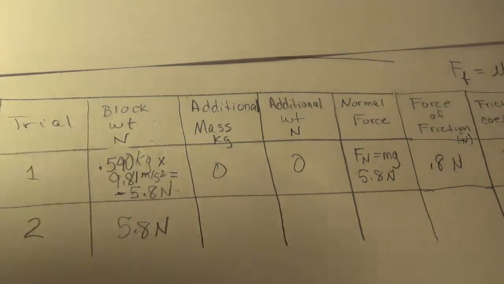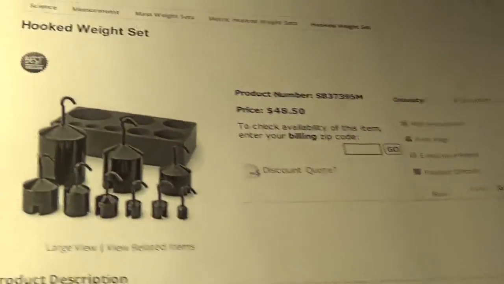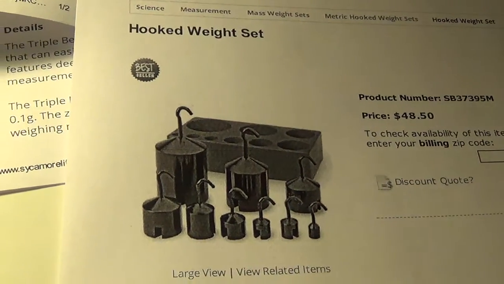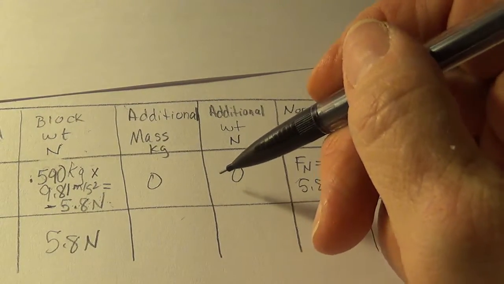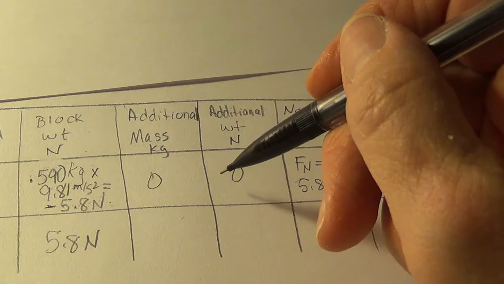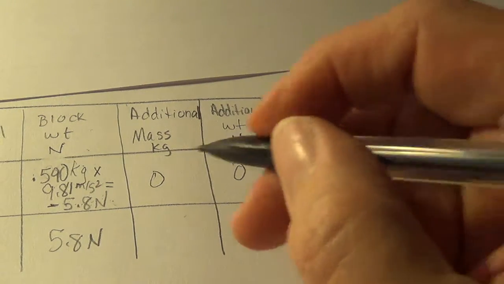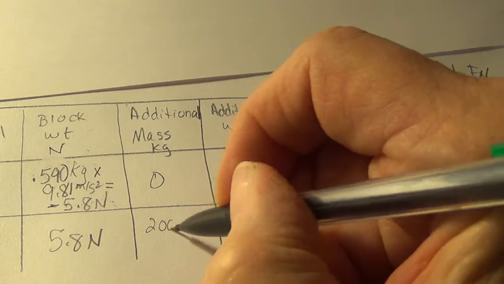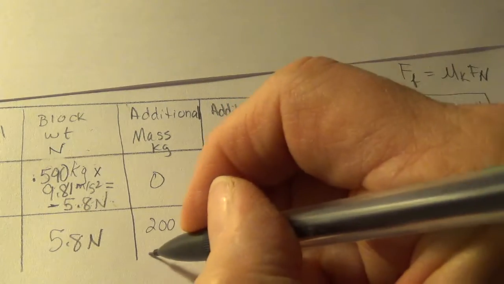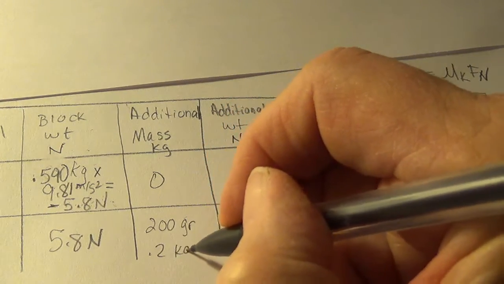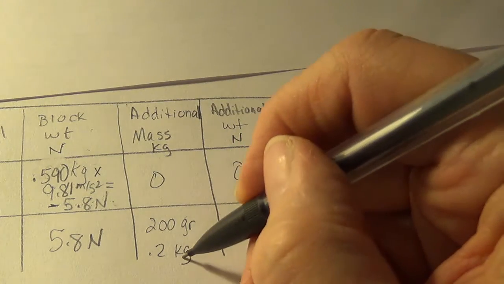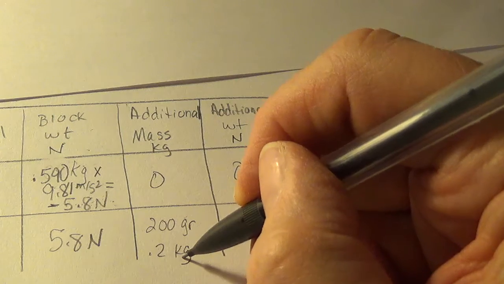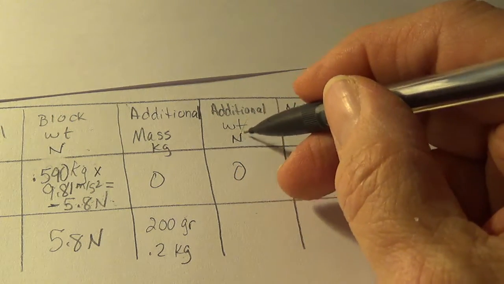So you're going to go to your set of masses. There's plenty of those around the cabinet. They're either on top of the cabinet or in the cabinet. And you're going to pick an additional mass. Suppose that you take an additional mass of 200, I think they're in grams, so that would be 0.2 kilograms. So we're going to work in kilograms, and you're going to have to change that 0.2 kilograms to weight.